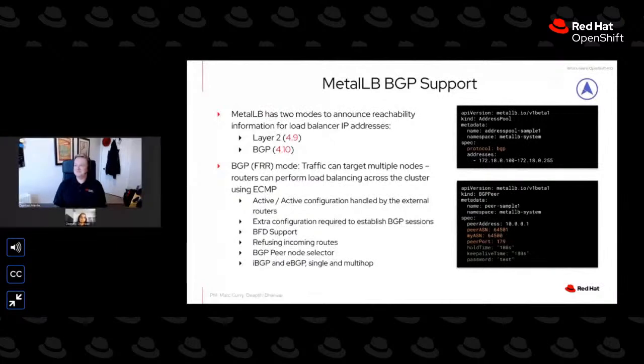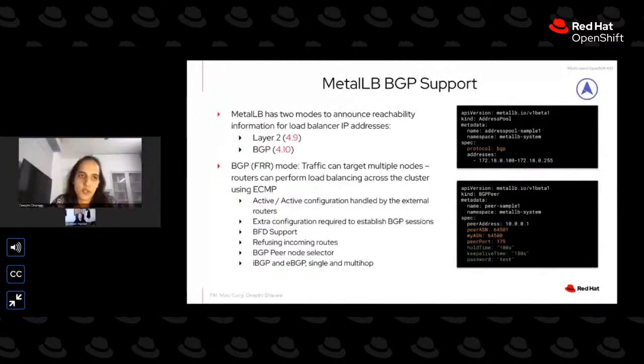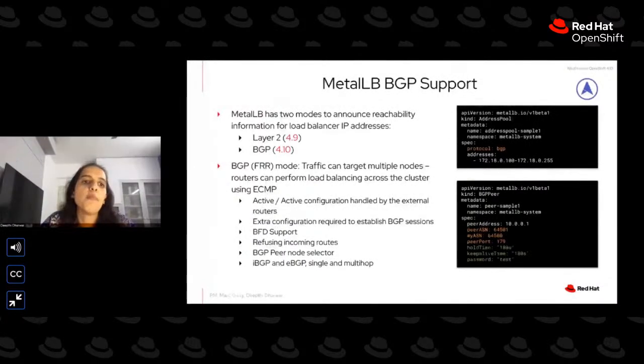Thanks, Duncan. MetalLB FRR BGP support. OpenShift installations on public cloud providers have always taken advantage of native load balancing services. And up until very recently, we did not have any out-of-the-box native load balancers for bare metal infrastructure deployments with OpenShift. And this is when we introduced MetalLB in L2 mode as a fully supported load balancer for bare metal deployments.